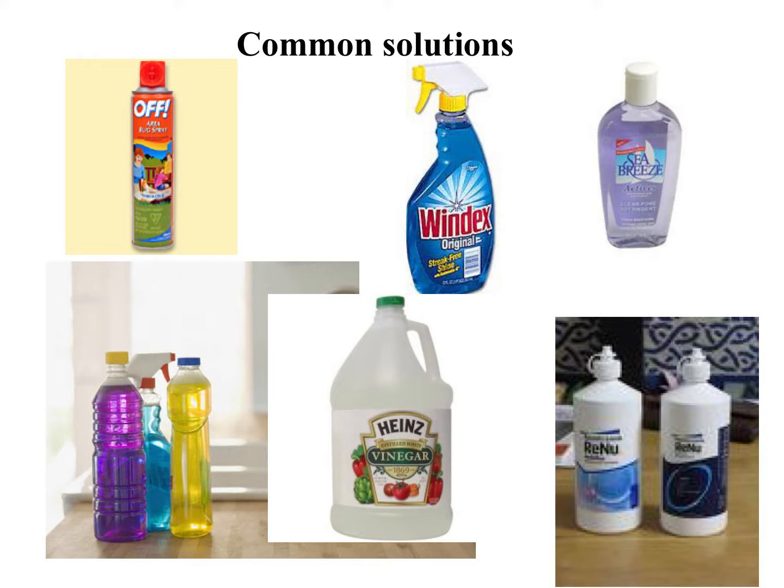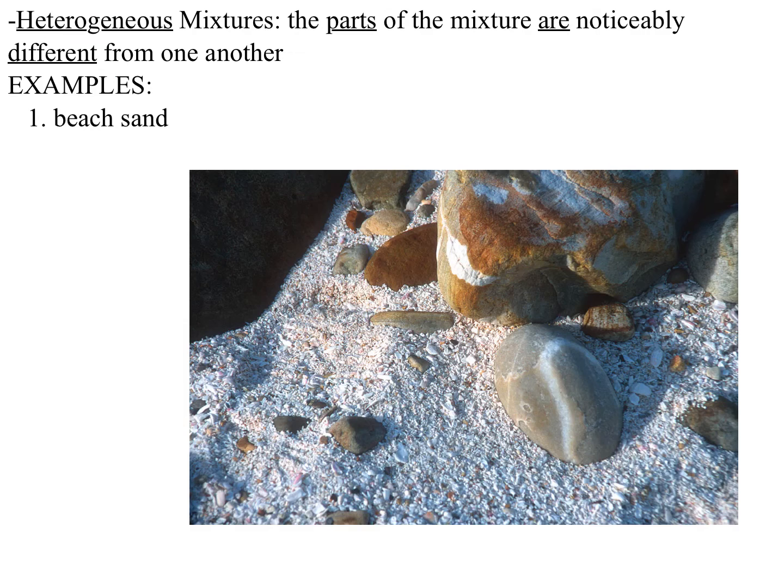We use solutions for all kinds of things, all our cleaning solutions. If you've ever heard them called cleaning solutions, now you know why. They're solutions. They're one substance dissolved into another. And most everything that we use is what we call a water-based solution, because water is what we call the universal solvent. So most all of our solutions, not all, but most of our solutions have water as the solvent and something else dissolved in it, which is solute.